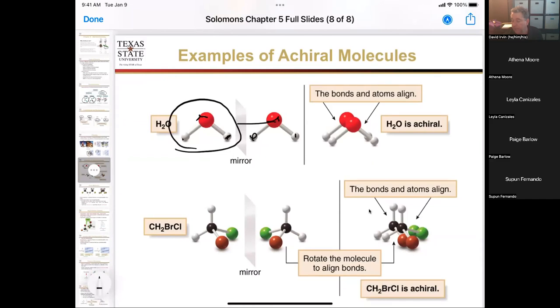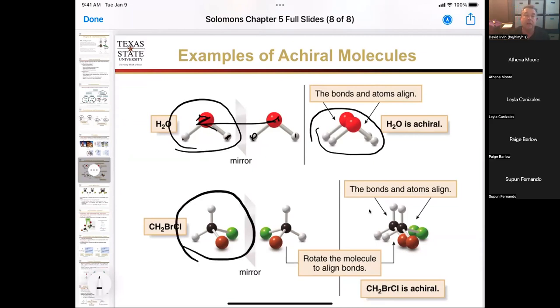And then if we move this water molecule over here, they are superimposable. They look identical. Oxygens line up with oxygens, hydrogens line up with hydrogens. That means water is achiral, not chiral.